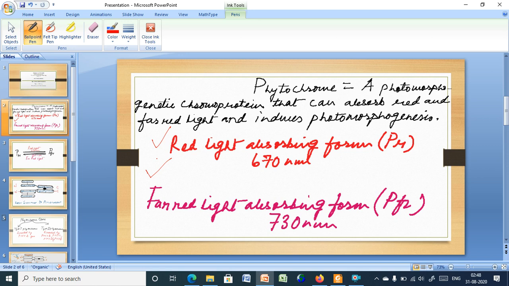This form is synthesized in seedlings. And when it absorbs the red light, it is converted to the PFR form.